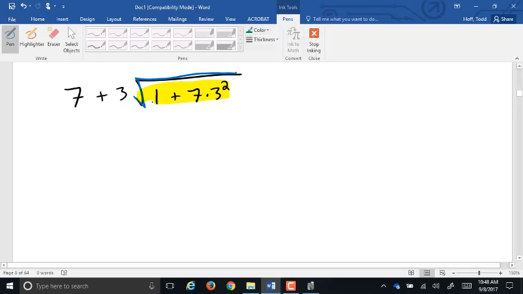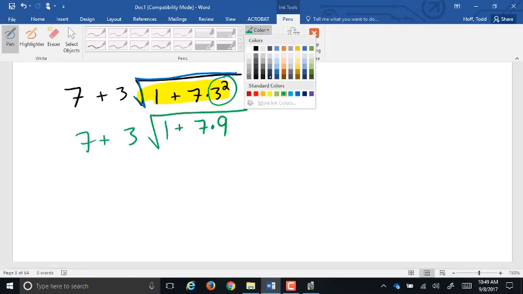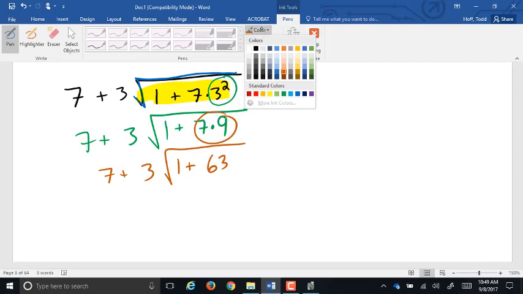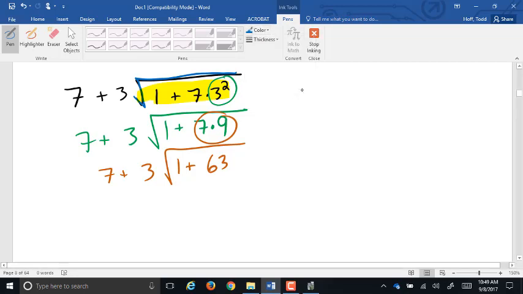So inside the root, what do we have to do first? The power. 3 squared is 9. What's next in there? 7 times 9 is 63. And then 1 plus 63, 64.